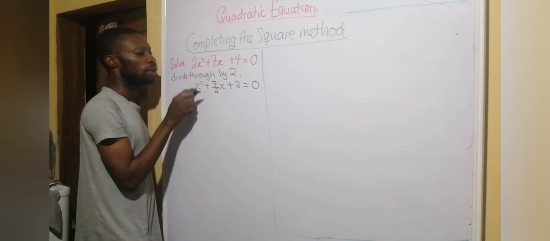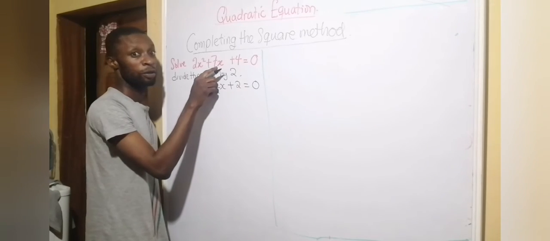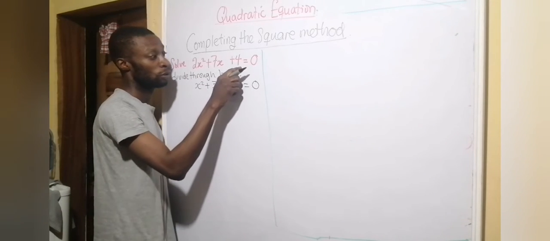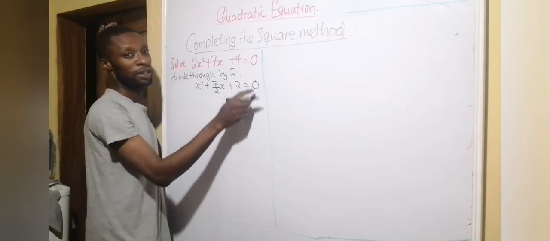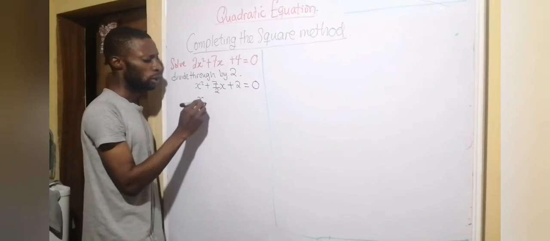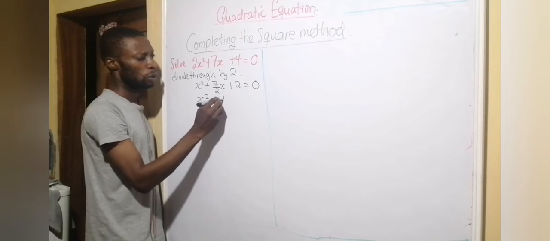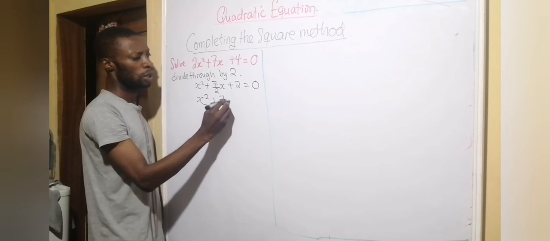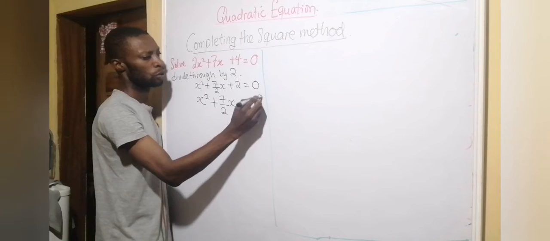So 2 divided there is x squared, 2 divided 7 over 2, 2 divided 4 is 2, 2 divided 0 is 0. So you take this 2 to the other side. You have x squared plus 7 over 2x equals minus 2.